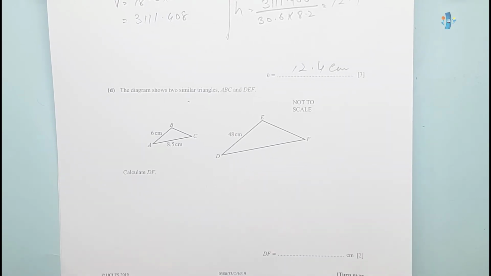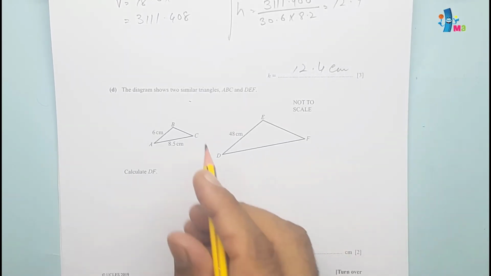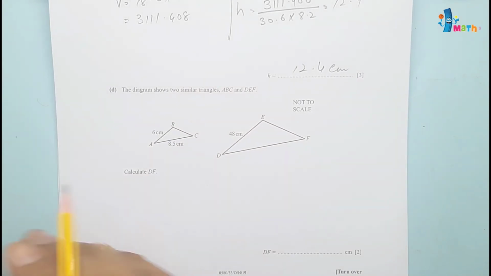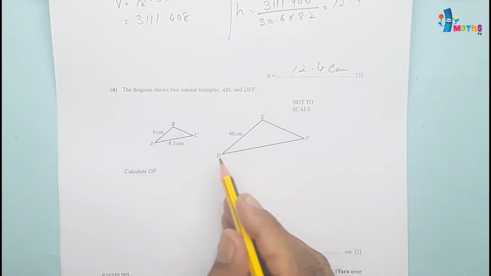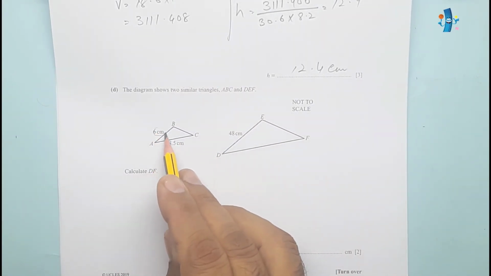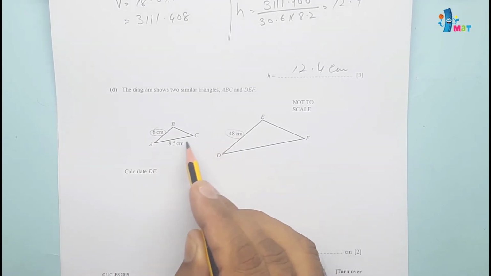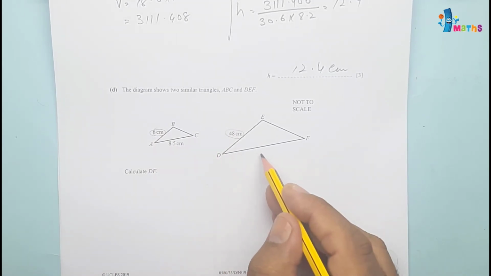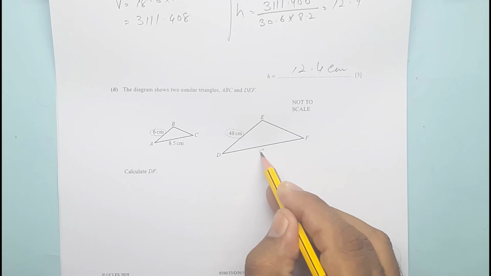So D part, the diagram shows two similar triangles A, B, C. These are similar triangles. They have given measurement for these two sides, and we have to check DF. We have to find this side.